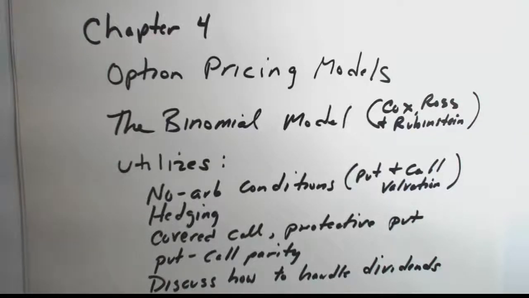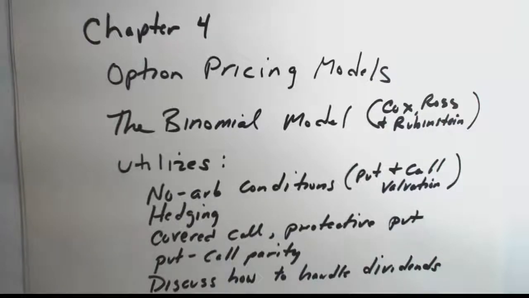How do you actually come up with it? We looked at boundary conditions and put call parity, but in a lot of those cases we were given a put or a call price and just backed into the missing variable. But if you have a call price and you're missing a put price, where does the call price come from? That's what this chapter is about.